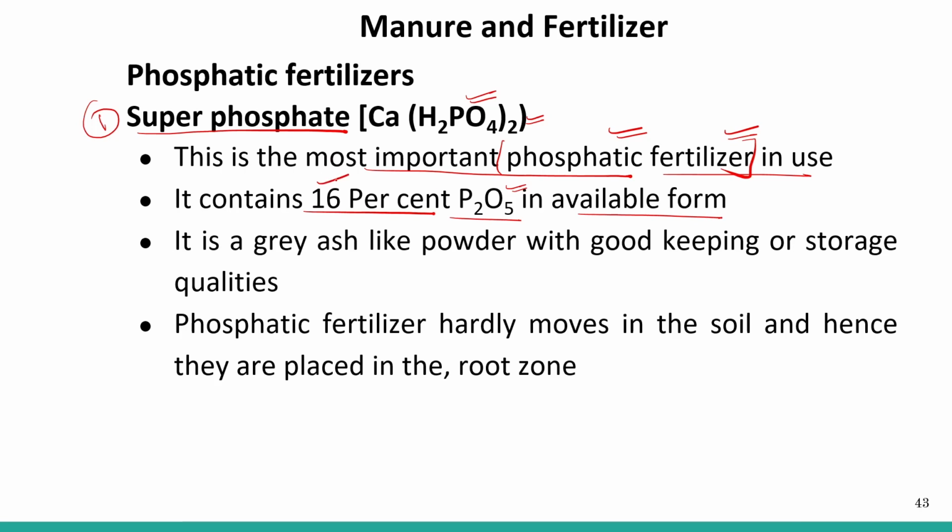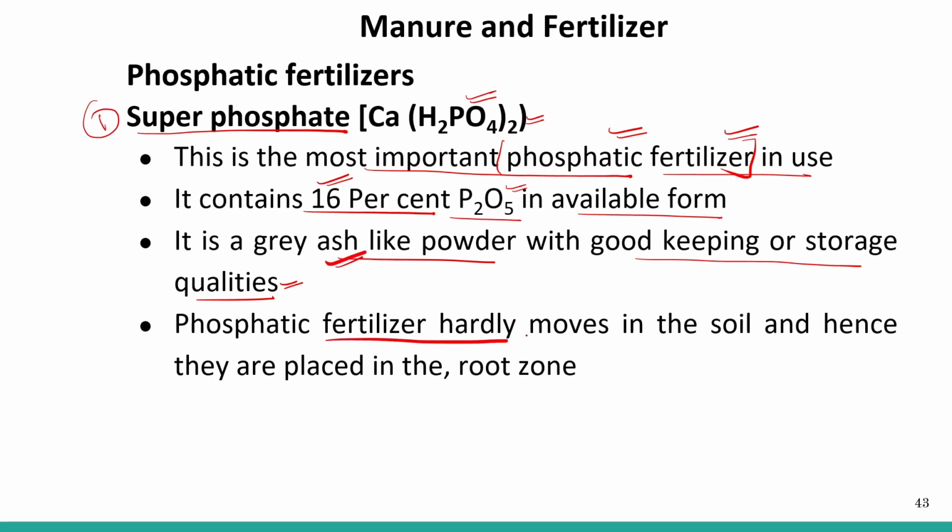It is a gray ash-like powder with good keeping, or storage, quality. So it is good to keep and store this particular type of fertilizer, and its color is gray ash-like powder.